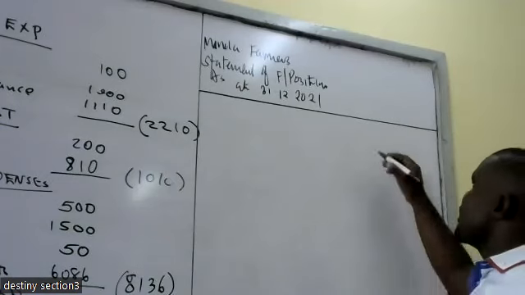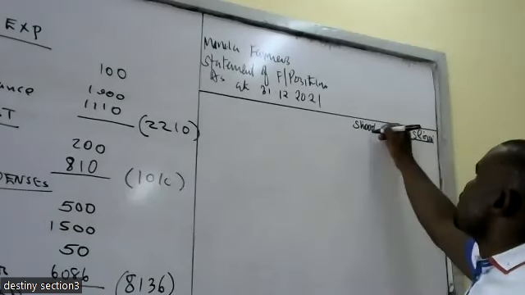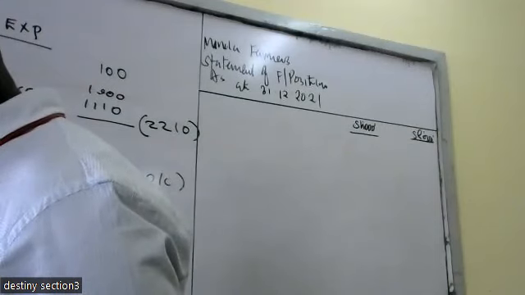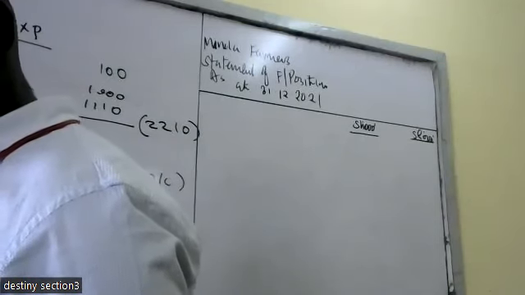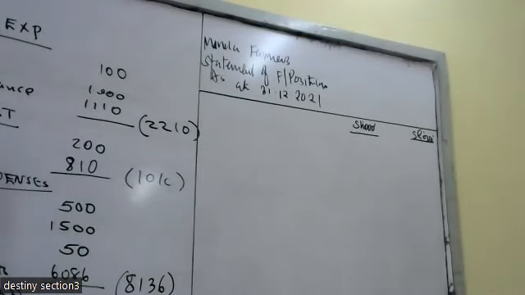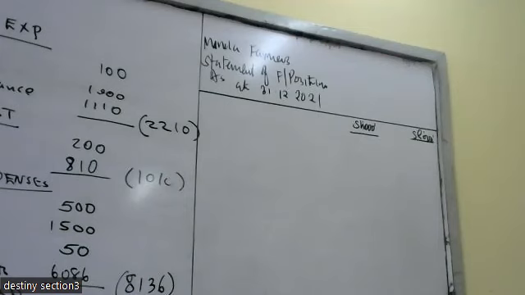So we have here shillings. All right, we can kick off with the non-current assets.